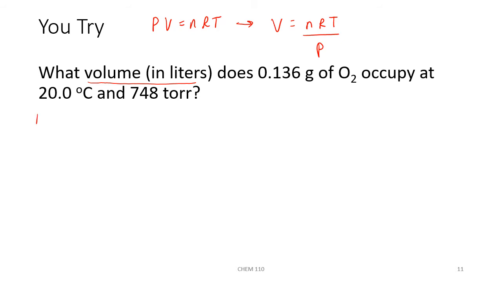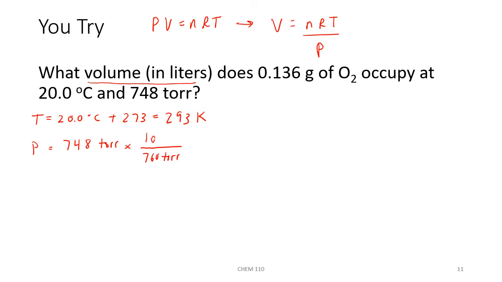Our temperature is 20 degrees Celsius, and we need to add 273 to convert to Kelvin. So that's going to be 293 Kelvin. Our pressure is 748 torr, and we're going to have to divide by 760 torr because that's our conversion between torr and atmospheres. So our units of torr will cancel. Our atmospheres will be 0.984.